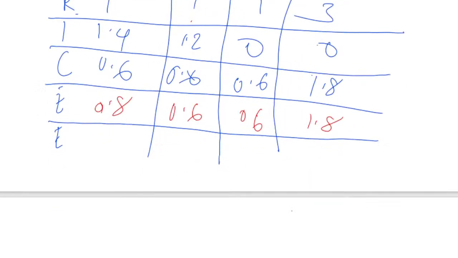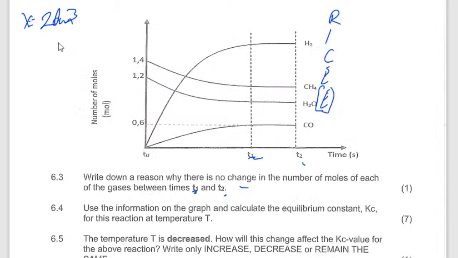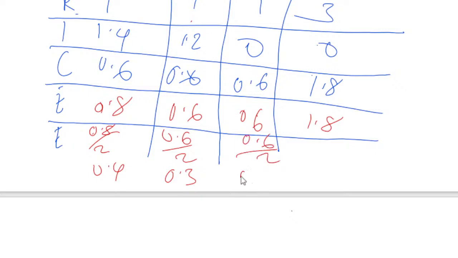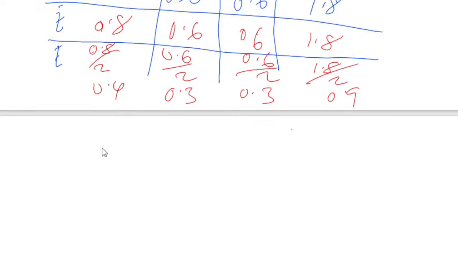Now I need to find the concentration, because we saw that the volume is 2. So 0.8 divided by 2 gives me 0.4. 0.6 divided by 2 gives me 0.3. 0.6 divided by 2, 0.3. 1.8 divided by 2 gives me 0.9.